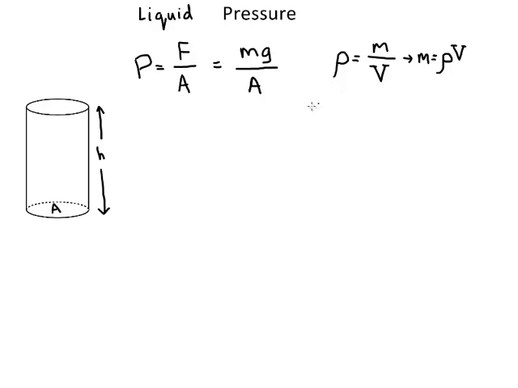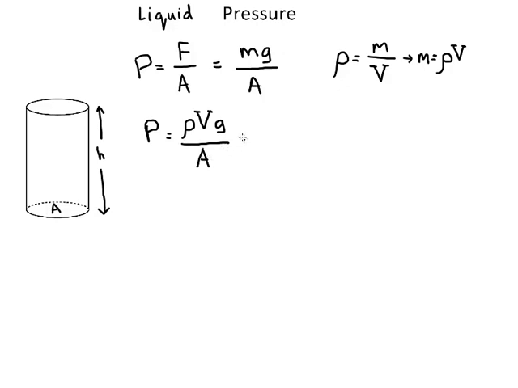Since we're talking about a volume of fluid here, we're going to substitute this mass expression, density times volume, into our expression. And what we're going to get is that pressure is now equal to density of the fluid times the volume of the fluid, times G, over the area.